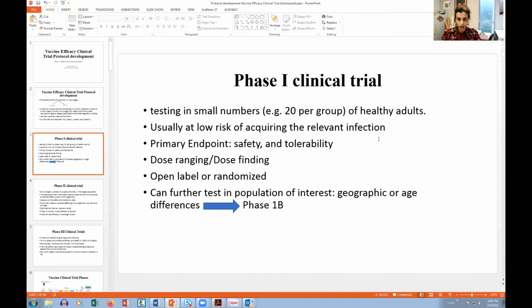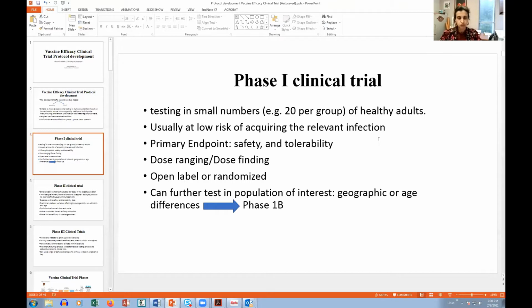The phase 1 trials are often begun here in the United States, if the manufacturer is here, of course. A small scale study is done, and a safe and immunogenic dose is identified in a phase 1 study.